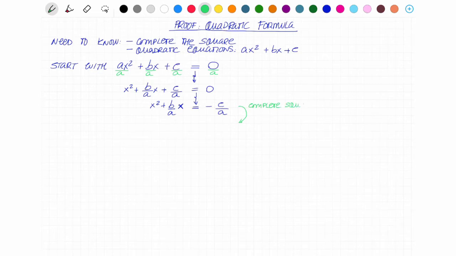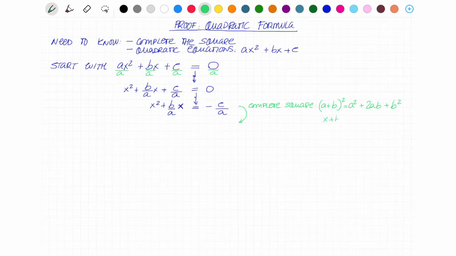Now remember that completing a square comes from how you expand a binomial. Square of the first plus 2 times the first times the second plus square of the second.